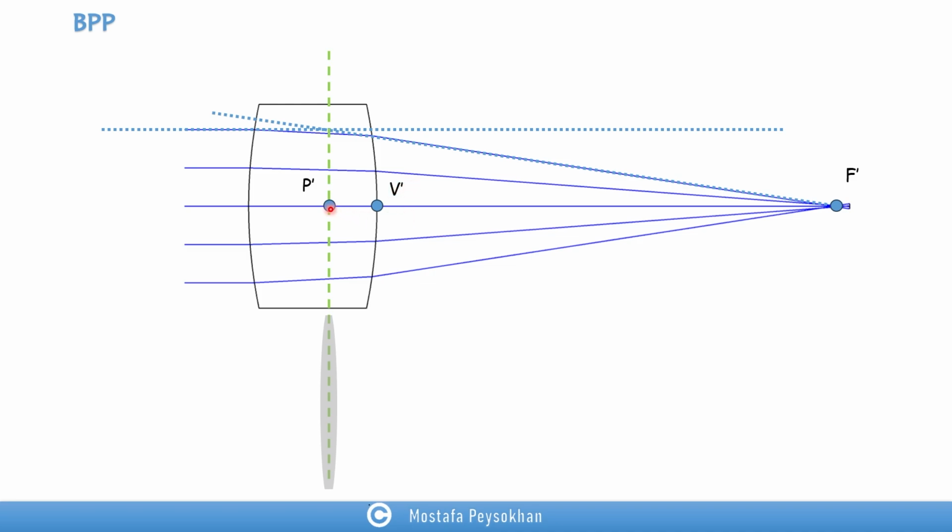These points, the back principal point, focal point, and vertex, are very important for us. So the definition of the principal plane or back principal plane is that instead of this full thick optical system, we can put a thin lens at that plane that can be the representative of this full optical system.